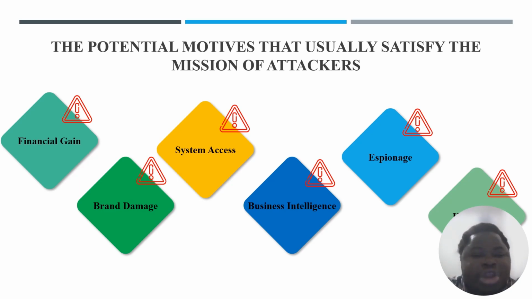Next, we have the espionage motive. Cyber espionage is the practice of gathering sensitive data, trade secrets, intellectual property, or government secrets for political, economic, or strategic benefit by nation states, corporate rivals, or other entities. Cyber operations may also be carried out by government or state-sponsored organizations to further their objective, engage in geopolitical gameplay, or gather intelligence.